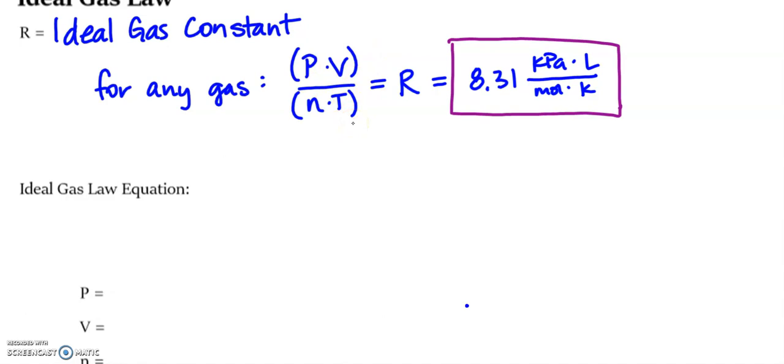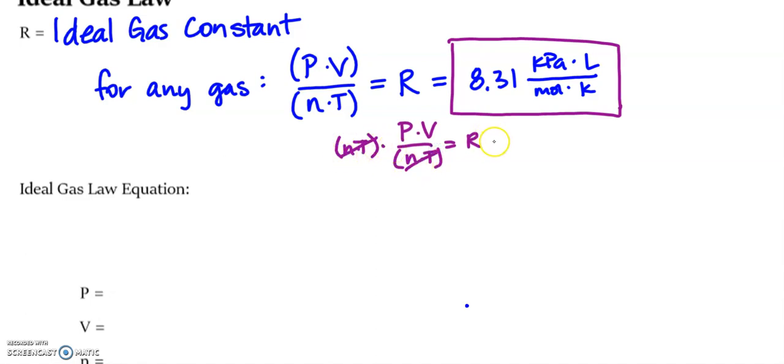But it's a little simpler and easier to work with if we put it without the division sign. So if we take N and T and multiply it on both sides, right? If I take PV over NT equals R, and I do the algebra, I multiply times N times T. If you do something divided by itself, it cancels out.